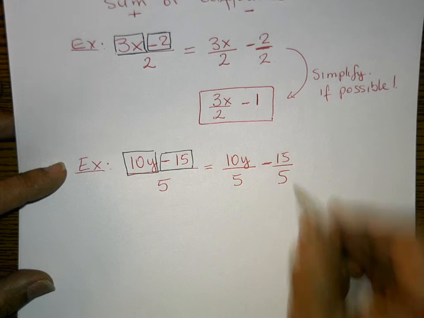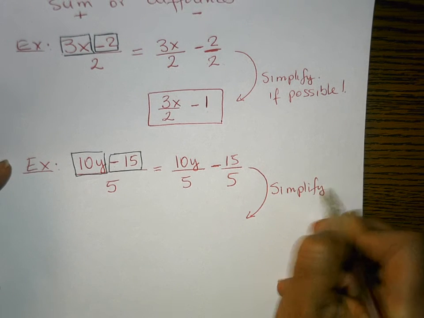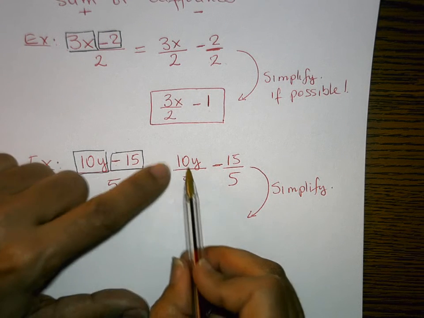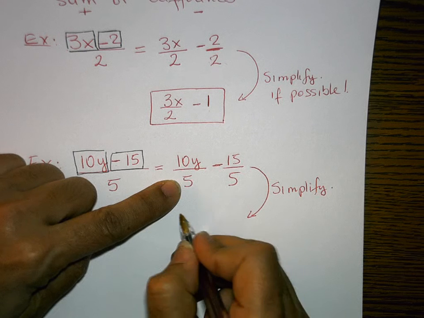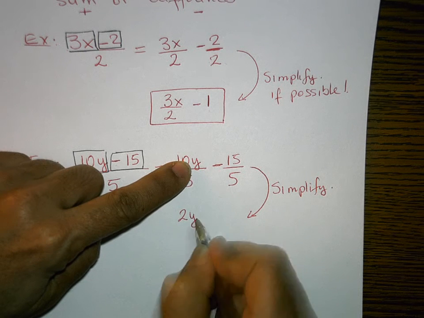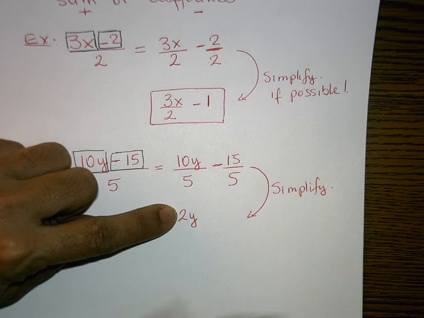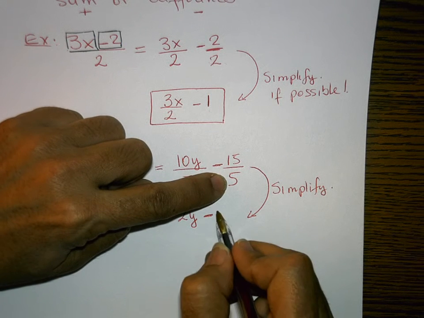And now from here to here, my last step is to simplify if I can. If I can simplify both, I will. Okay, 10 divided by 5 is 2. So I get a 2, and the y still stays there. Minus 15 divided by 5 is 3.